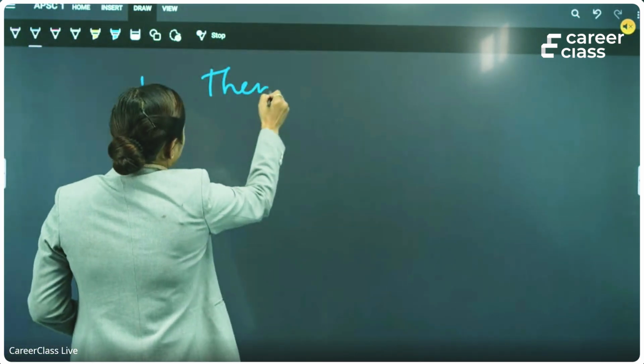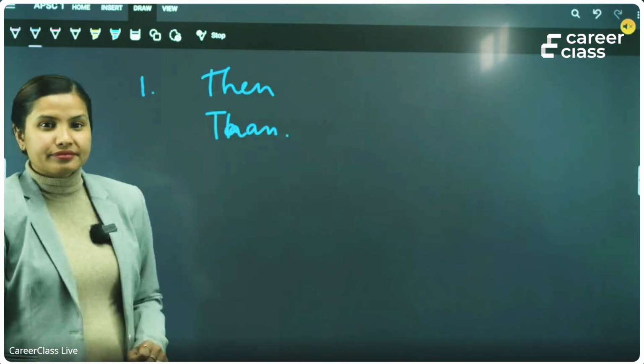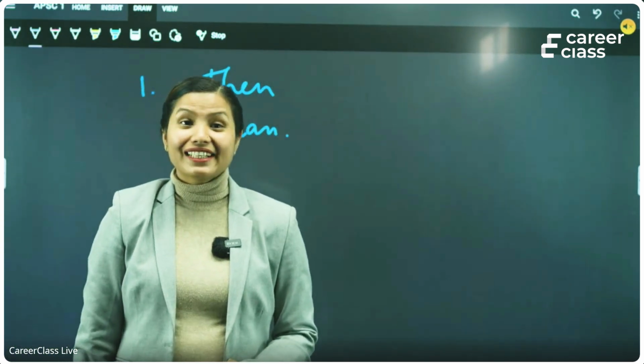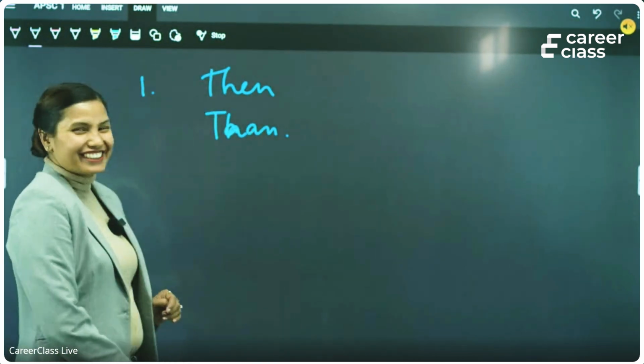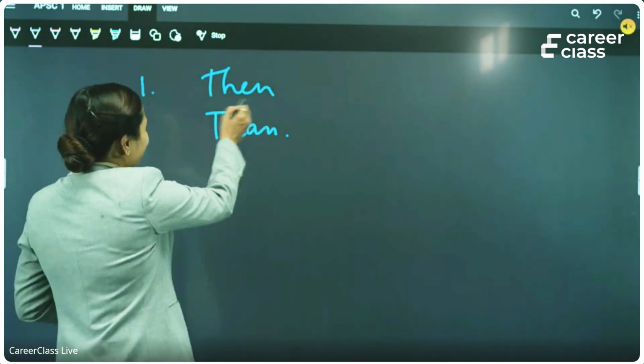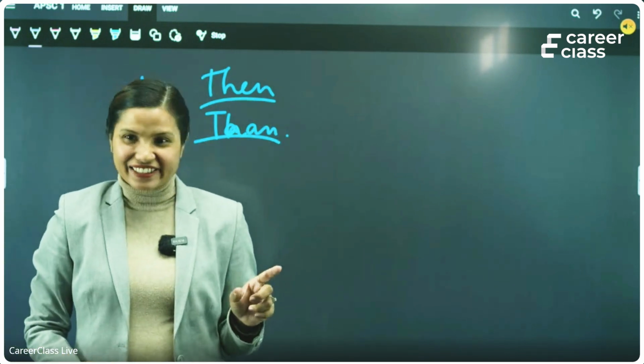Then and than. What is the difference? The second one is for comparison. When we compare things, right?